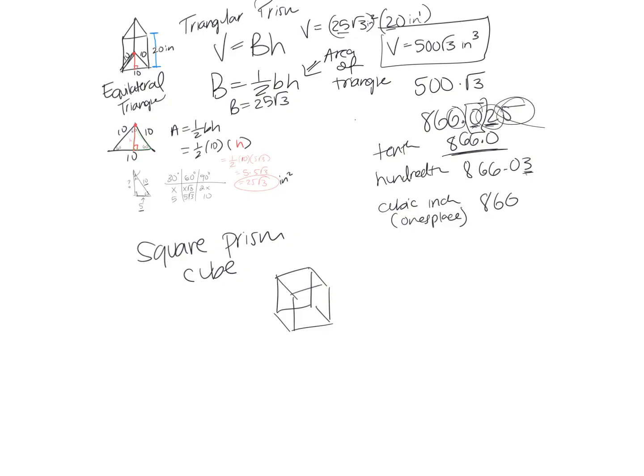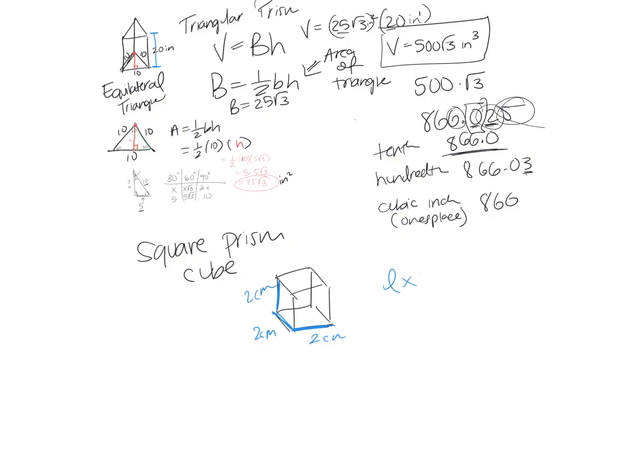All of the sides are squares. The faces, we call them faces. And the edges are all the same. So if this is 2 centimeters, length and width are both 2 centimeters, and then the height is 2 centimeters.